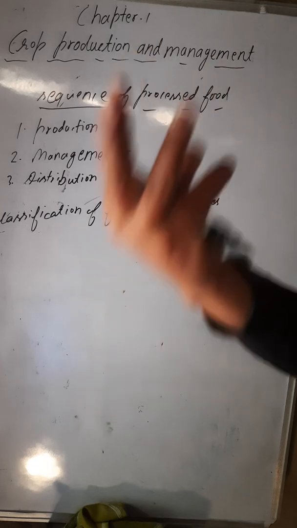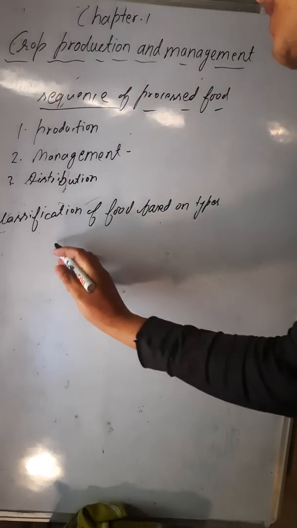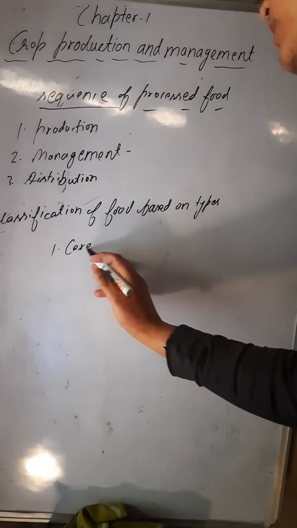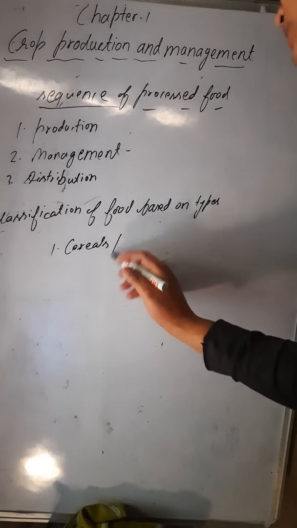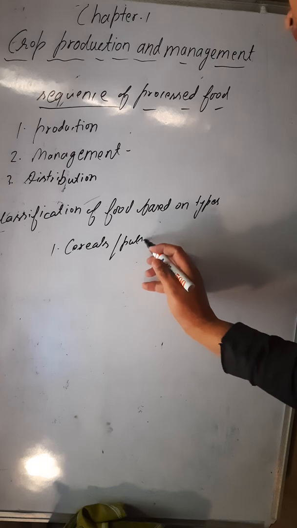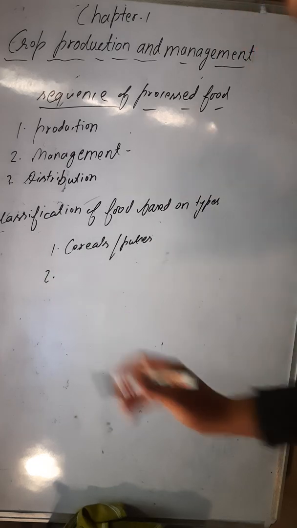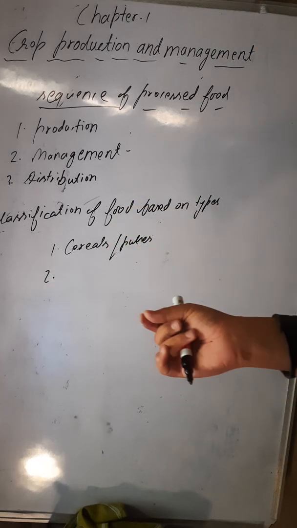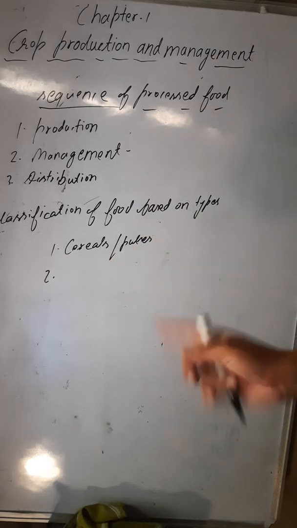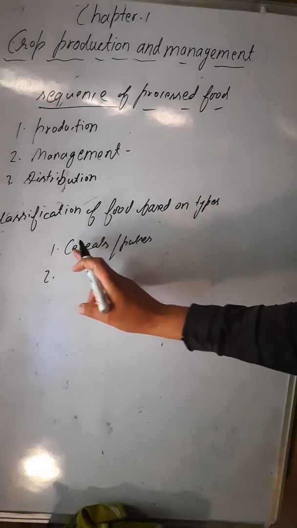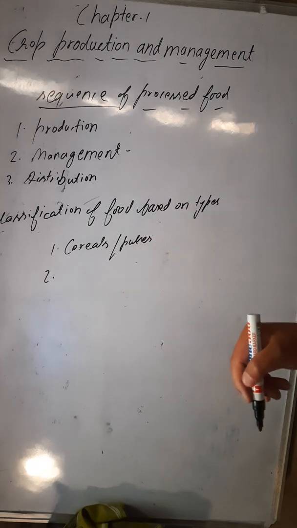Basically there are three types of food. The first one is cereals, or you can include pulses also, cereals and pulses. Cereals like wheat and rice come under cereals.